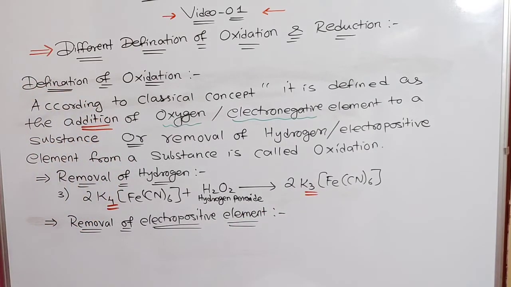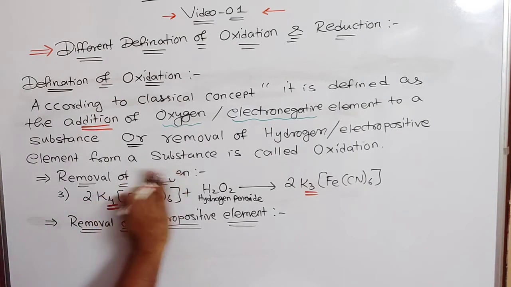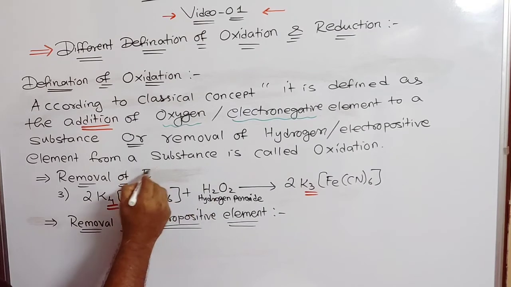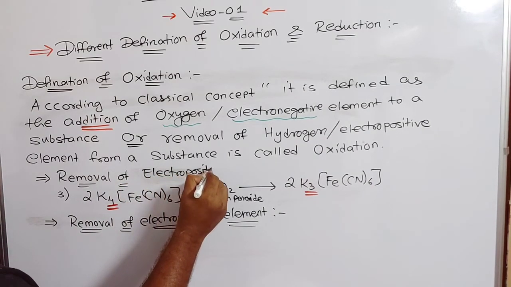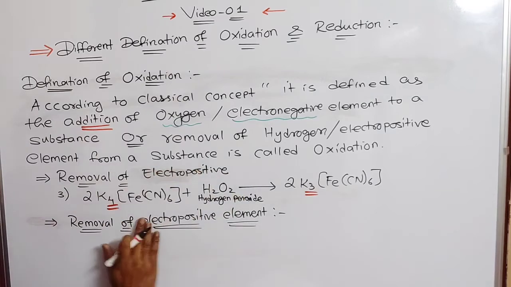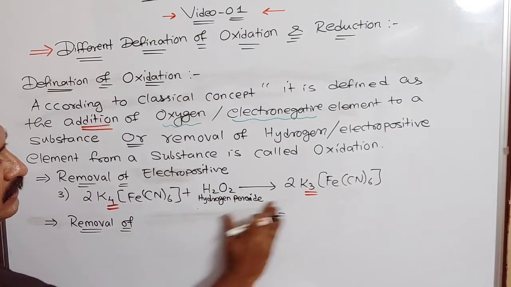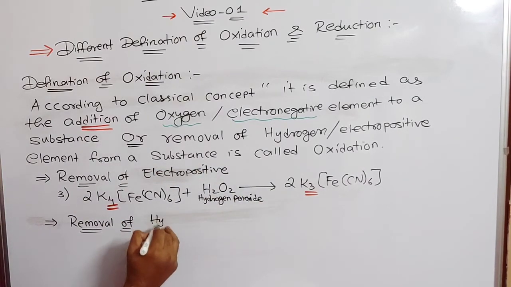Sorry, just a minute, we made a mistake. Do one thing: I will write here removal of electropositive element, and this one I will write here as removal of hydrogen.